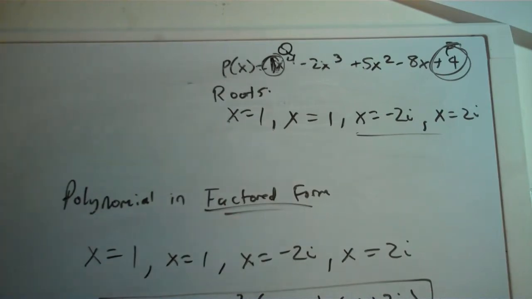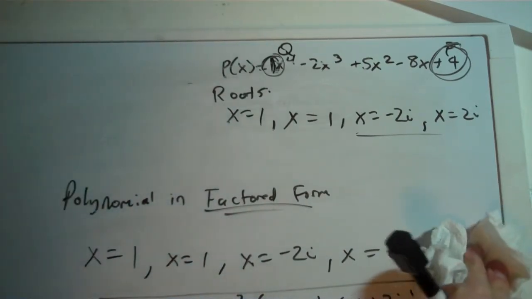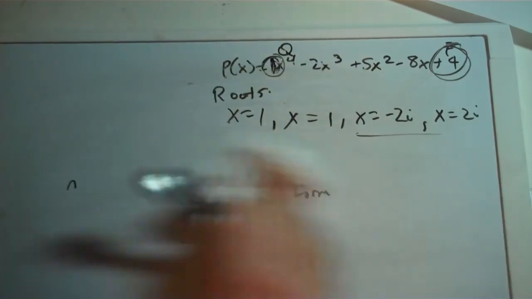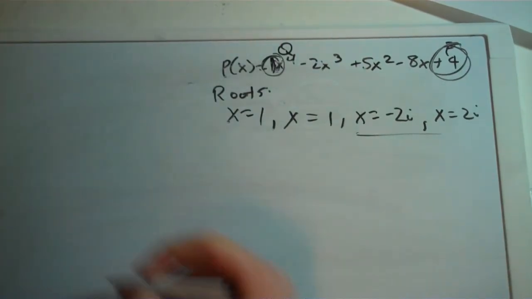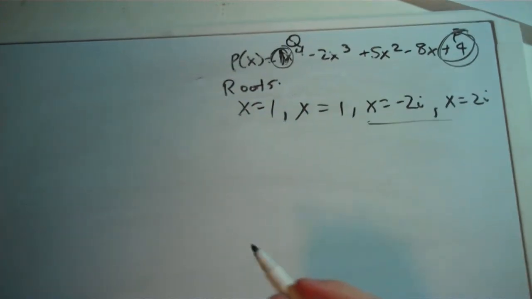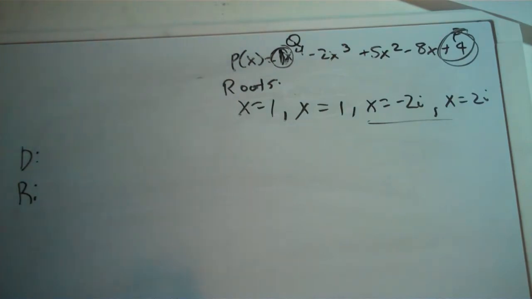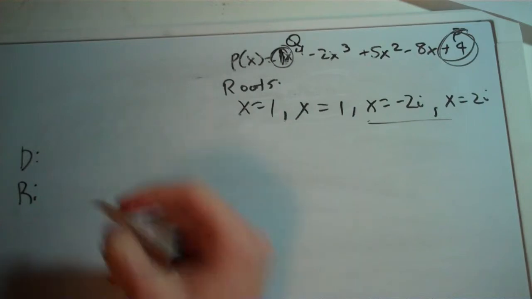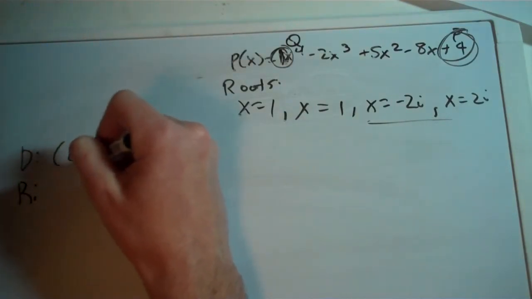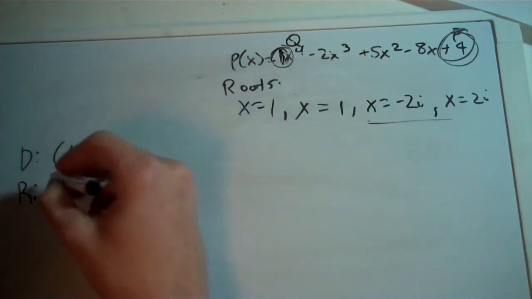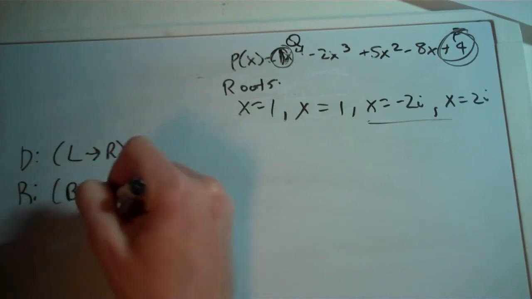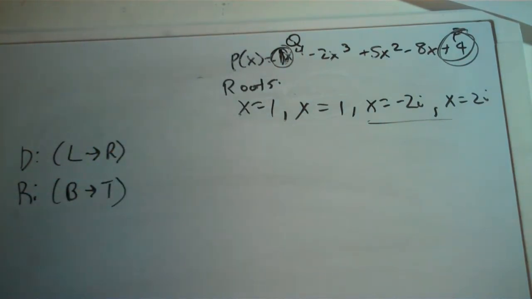Just to review, we still have to do our domain and range, because I said I'd save that for later. First we'll discuss what the domain and the range are. The domain tells us what is left to right, and the range is what is bottom to top. We're talking about how far out our graph goes, the limits of our graph.